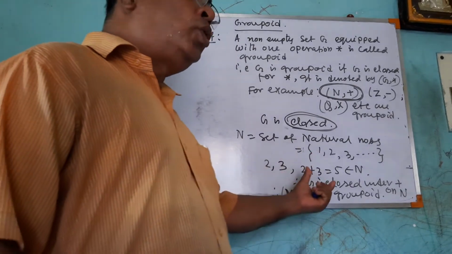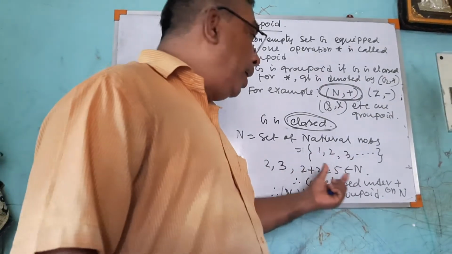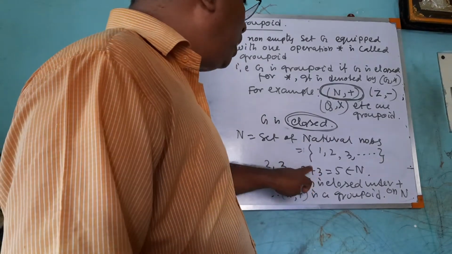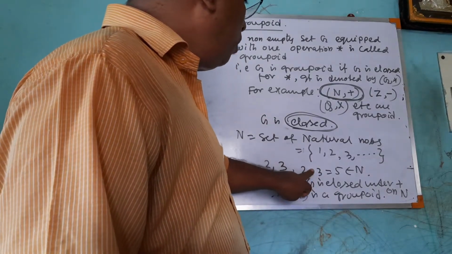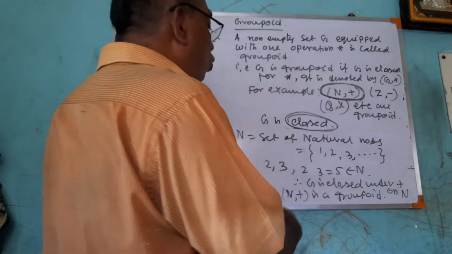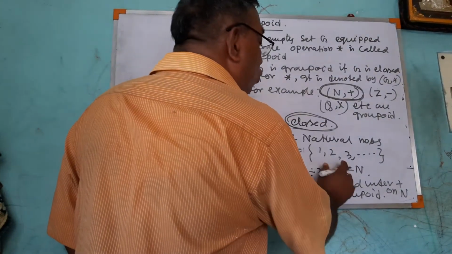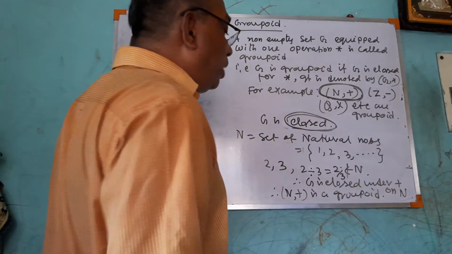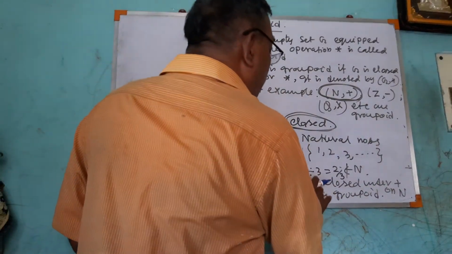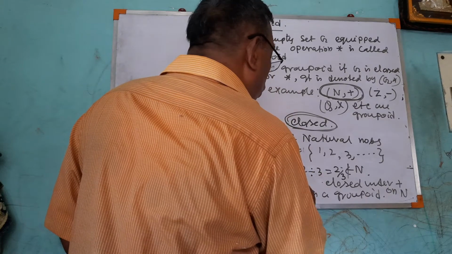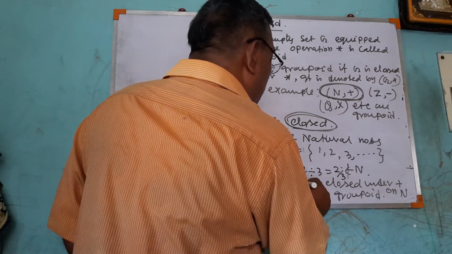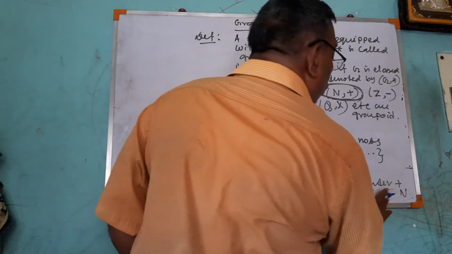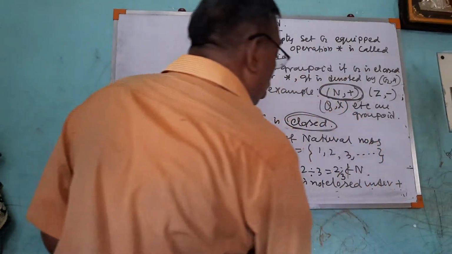So it is closed. Suppose we take division: 2 divided by 3 comes 2 by 3. This 2 by 3 does not belong to natural numbers, so in that case G is not closed.